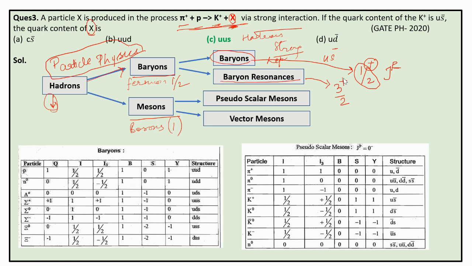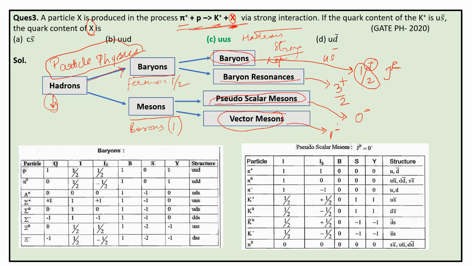Now there is one more class, that is mesons. Mesons are further divided into pseudoscalar mesons and vector mesons. Pseudoscalar mesons have angular momentum 0 with parity negative, and vector mesons have angular momentum 1 with parity negative.